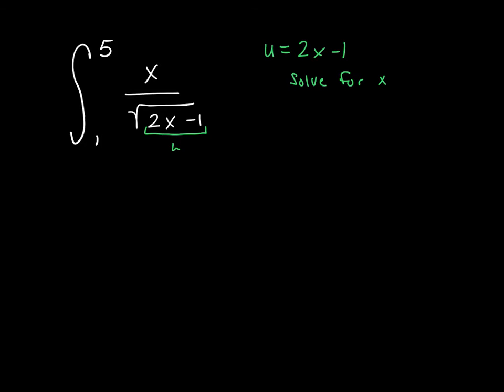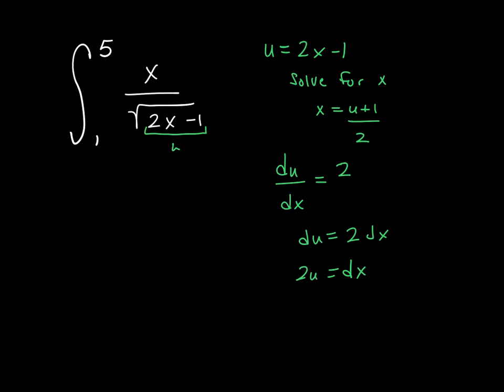Add 1 and divide by 2, so I get x is equal to u plus 1 over 2. Next, I take du/dx, which is equal to just 2. So du is equal to 2 dx, or dx is equal to du over 2.